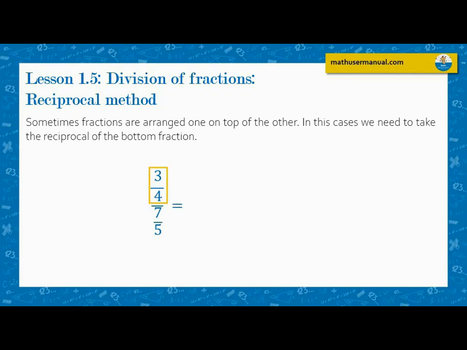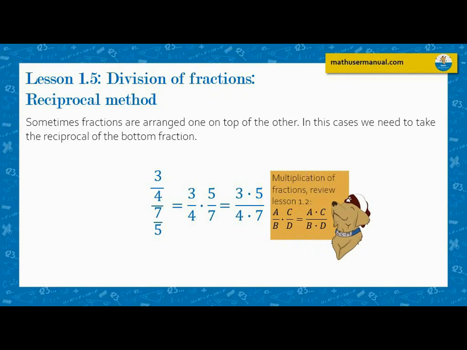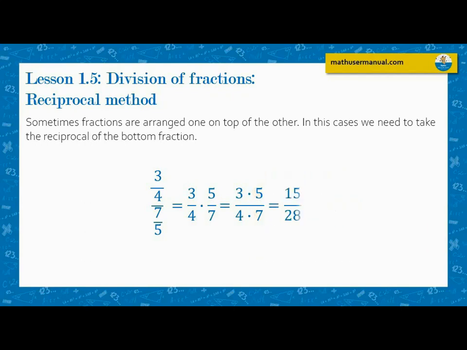The first fraction, the 3/4, we write it as it is, 3/4. The second fraction, 7/5, we must get the reciprocal of 7/5. And after that is a multiplication. 3 times 5, 4 times 7. We reviewed this in lesson 1.2. This is 15/28.